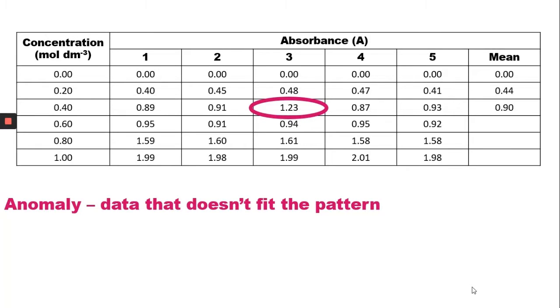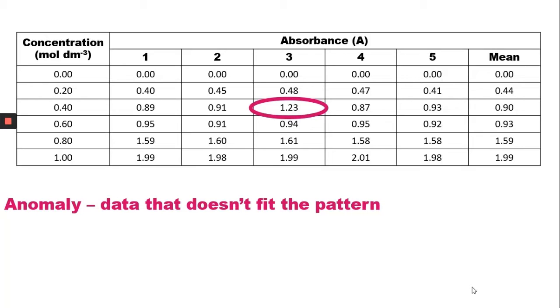It doesn't fit the pattern, so we exclude it from our mean. 0.6 moles per decimeter cubed is 0.93. 0.8 is 1.59, and 1 mole per decimeter cubed is 1.99.